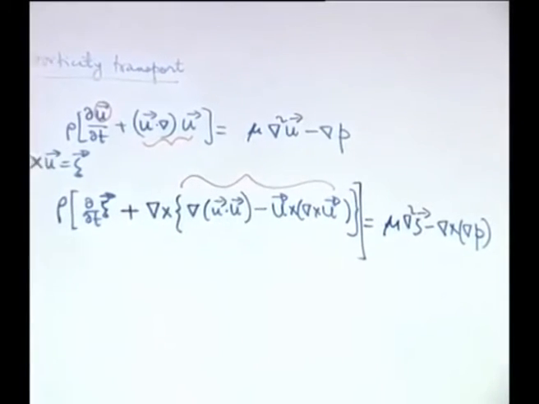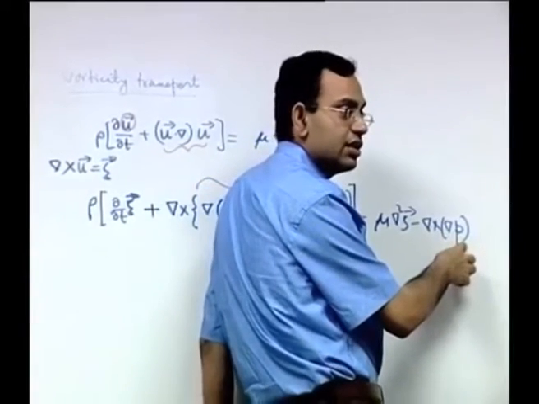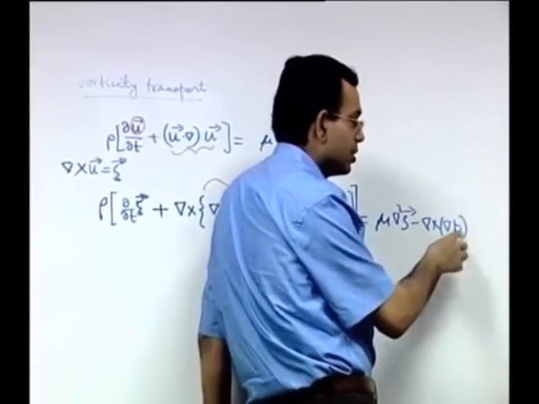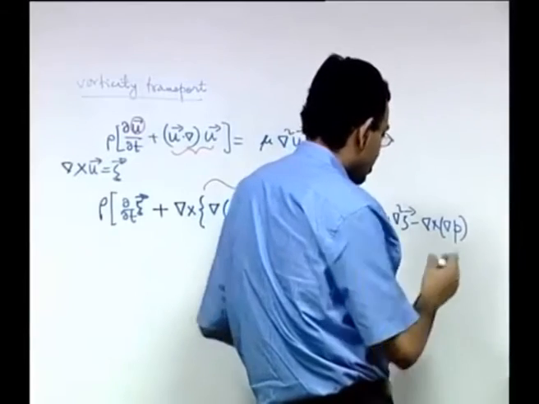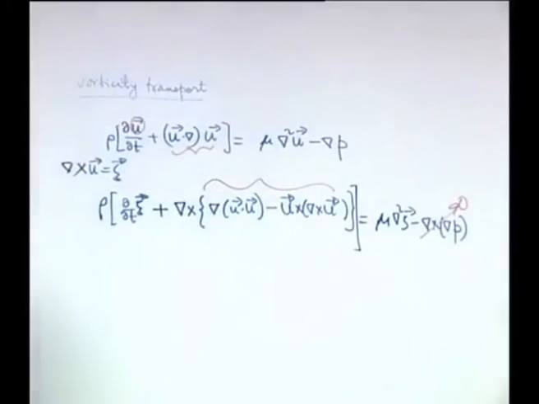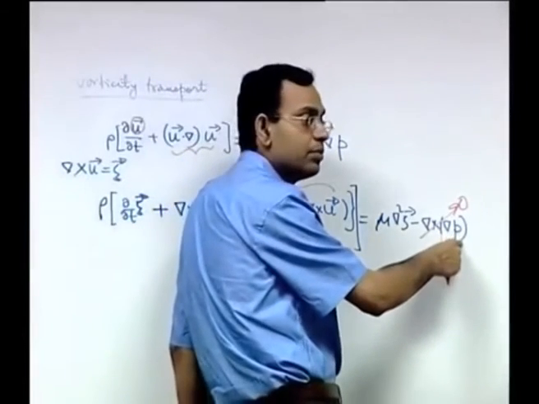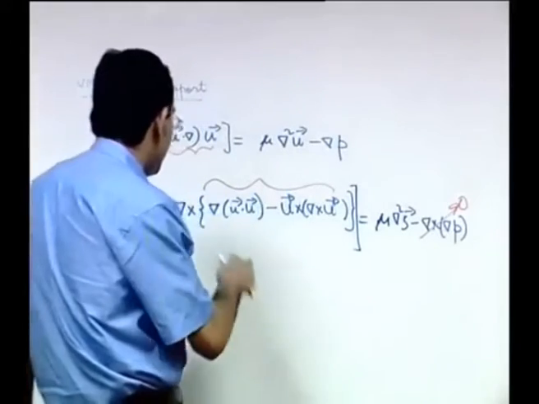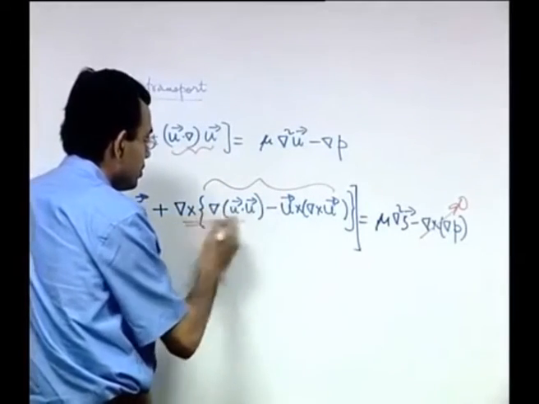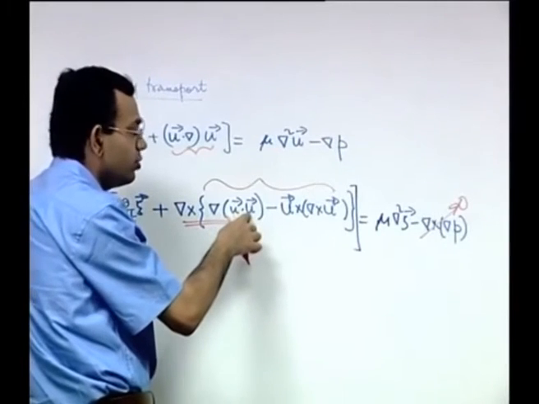now recall from vector calculus that the curl of the gradient of a scalar is equal to 0. So this will be null because it is the curl of the gradient of the scalar pressure. Similarly, here the first term is the curl of the gradient of a scalar, that is u dot u squared.